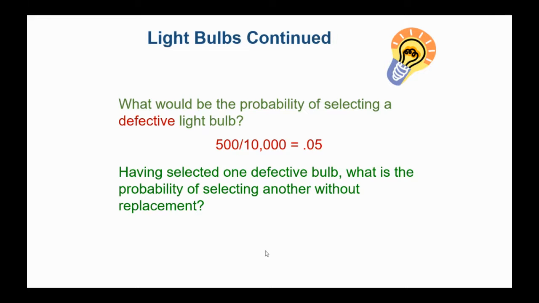How many decimals? 4. What'd y'all get? 0.0499. Which means they're independent.